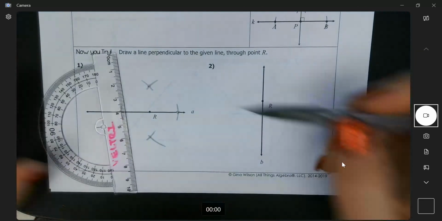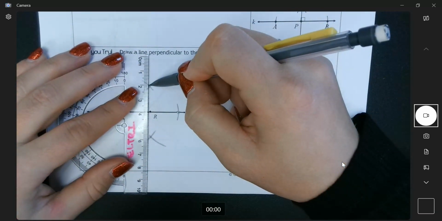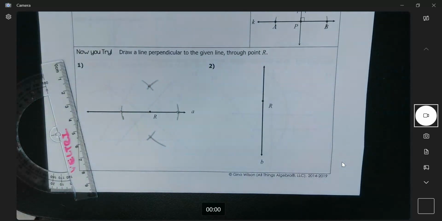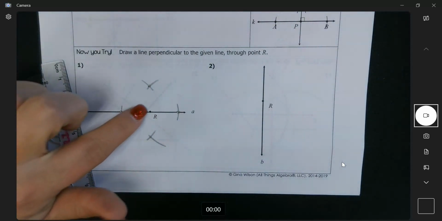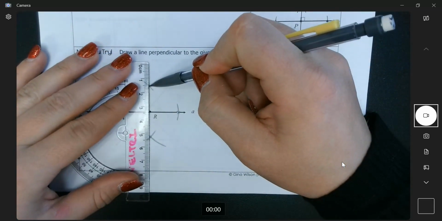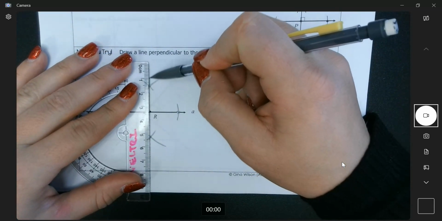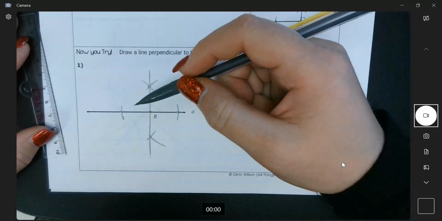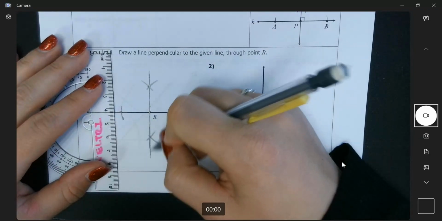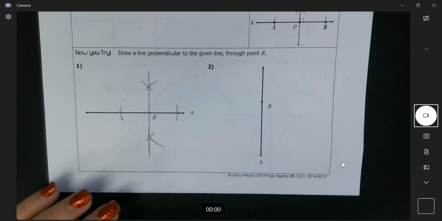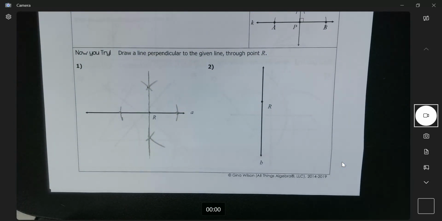And then I'm going to take the ruler, and you're connecting all three of these together. So you have to draw the perpendicular line, and it has to be through this point R. So that's why you're using all three of these points here. So it should go through R, just like that. I got a little funky down here. Okay. So that's how you would go through a point that's on the line itself.